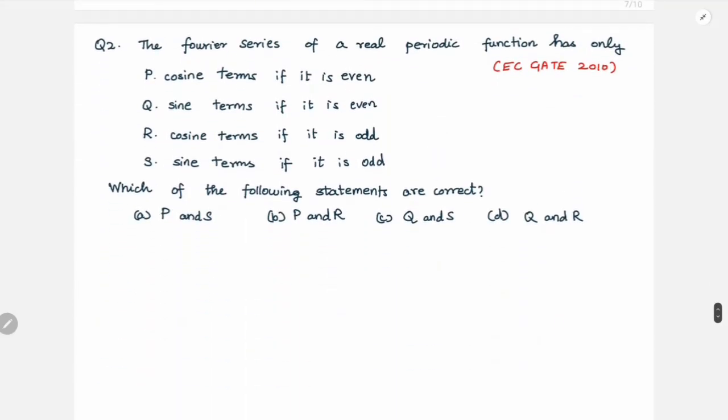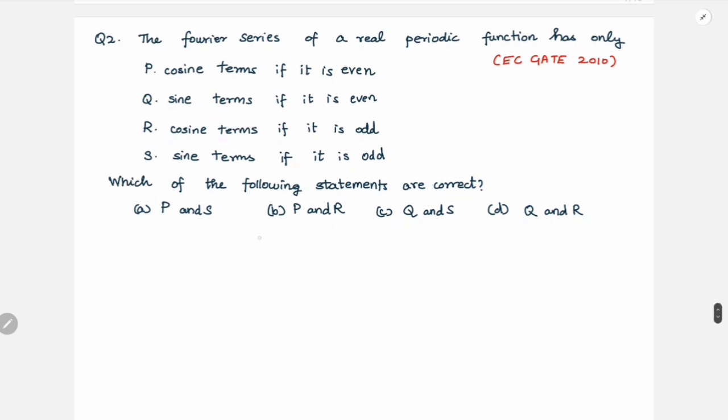Moving on. The Fourier series of a real periodic function has only, they are given some options. P is cosine terms if it is even, Q is sine terms if it is even, R is cosine terms if it is odd, and S is sine terms if it is odd. And they are asking which of the following statements are correct. So they have given real periodic.